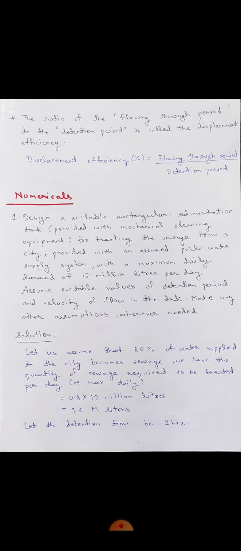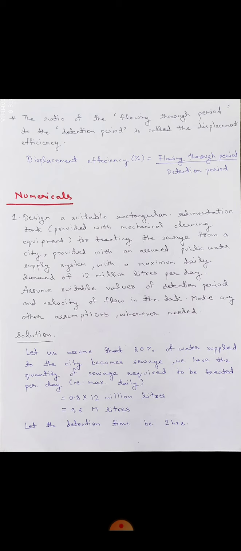For that demand you have to design the sedimentation tank which will be in rectangular shape, and the remaining values you have to assume. And where you have to assume: from the different points we have learned in the previous slides, from that only you have to assume these different values for designing the tank.